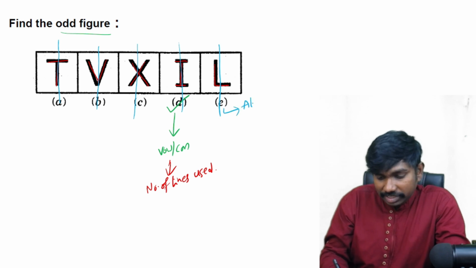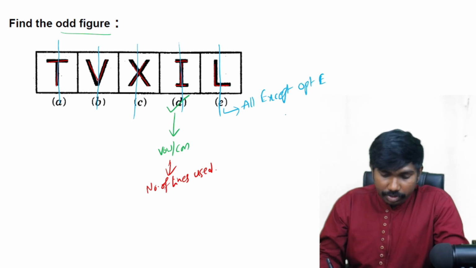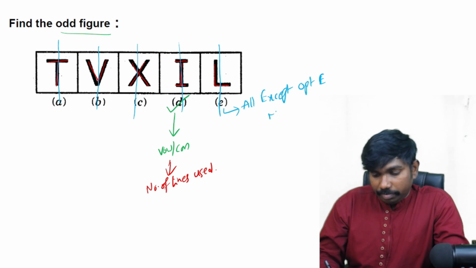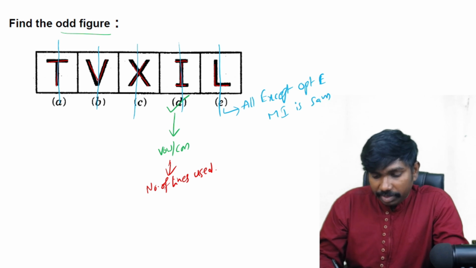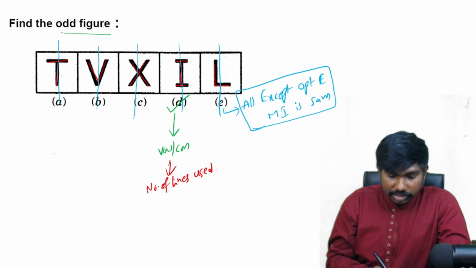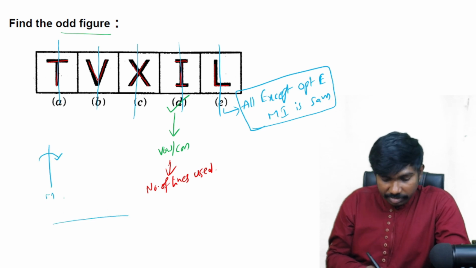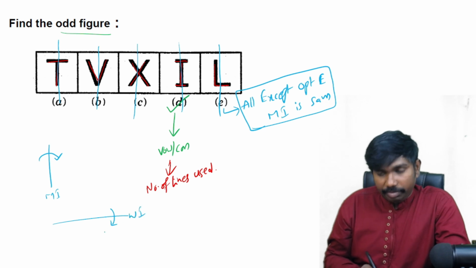So all except option E have mirror images that are the same. Vertical symmetry is nothing but a mirror image. Symmetrical about a vertical line gives a mirror image, and symmetrical about a horizontal line gives a water image.